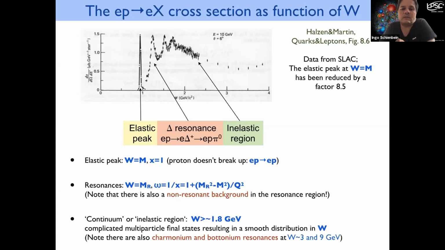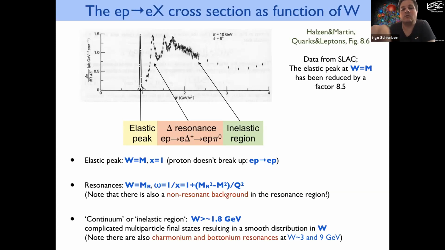Then when you increase W, you come into a region with some resonances. In particular, the first big resonance is the famous delta resonance at 1232 giga-electron volt. And then there are more resonances. And above 1.8, it starts to be a smooth curve, which corresponds to a continuum of final states. So that's the so-called inelastic region.